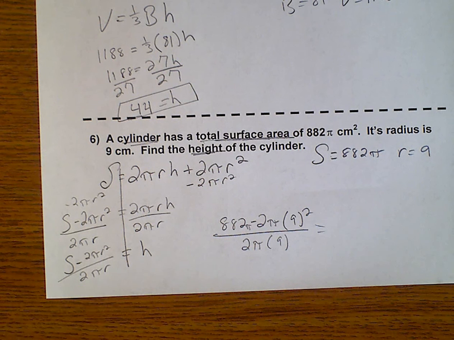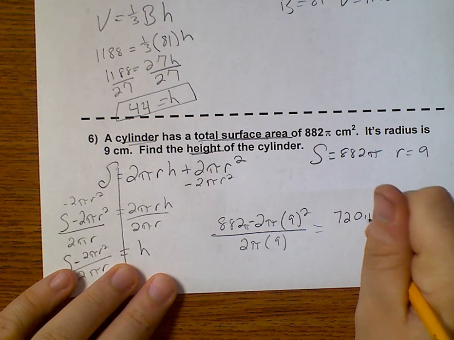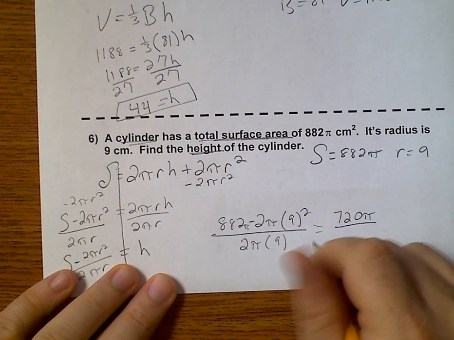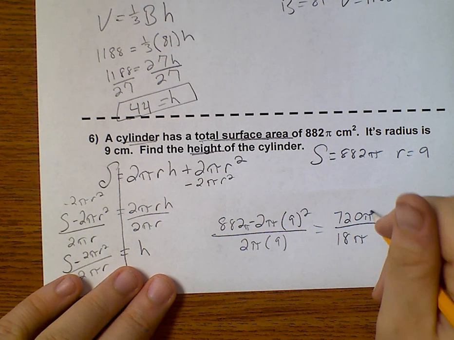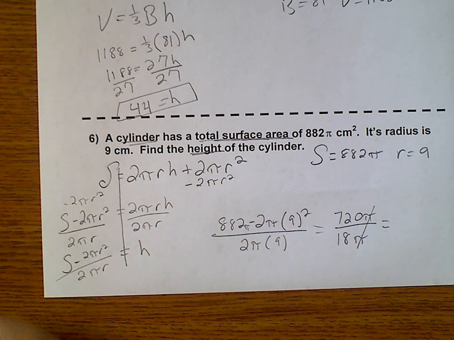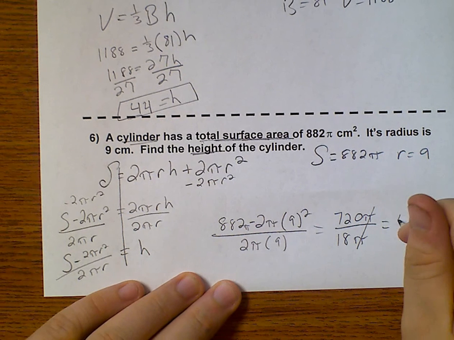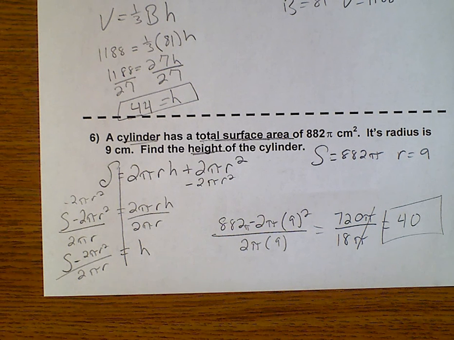And so I'm going to go ahead and put in the top. 882 minus 2 times 9 squared gives me 720 pi over 2 times 9 is 18 pi. The pi's cancel, and 720 over 18 equals 40. And so that's another way to solve the problem.